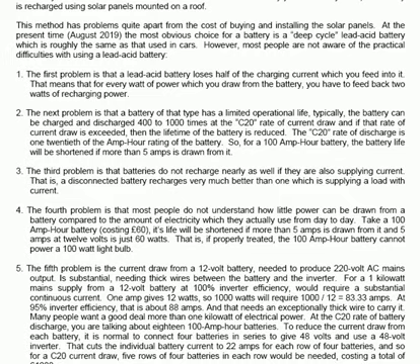So for a 100 ampere battery, the battery life will be shortened if more than 5 amps is drawn from the battery. The third problem is that batteries do not recharge nearly as well if they are also supplying current. That is, a disconnected battery recharges very much better than one which is supplying a load with current.